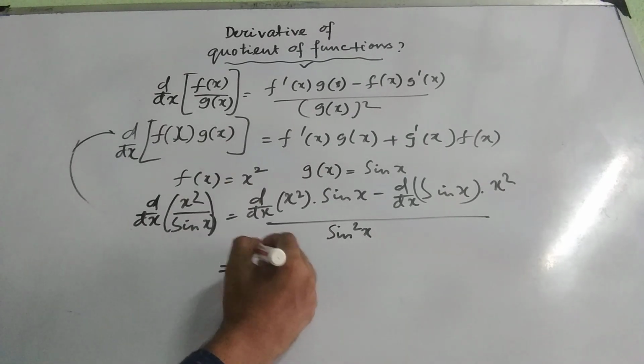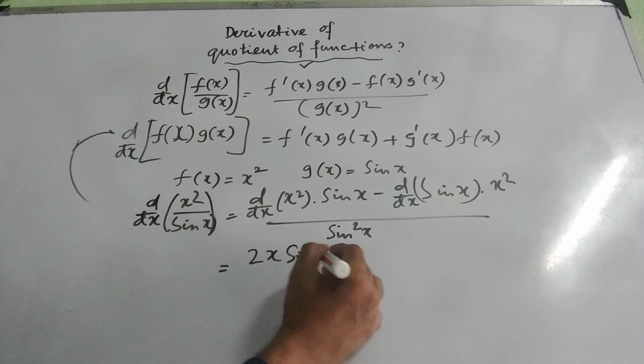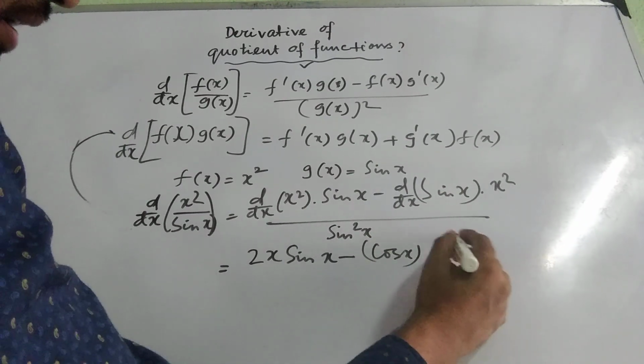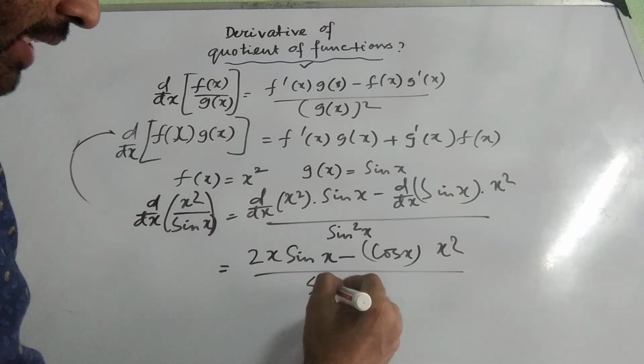What is d/dx of x squared? It is 2x sin x. What is d/dx of sin x? It is cos x into x squared, whole divided by sin squared x.